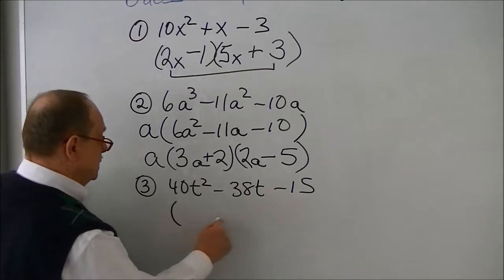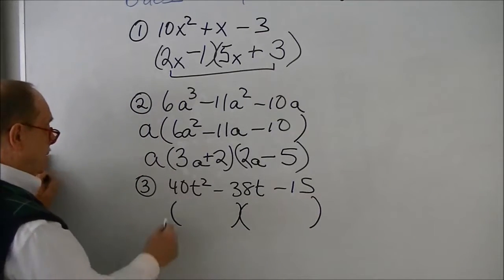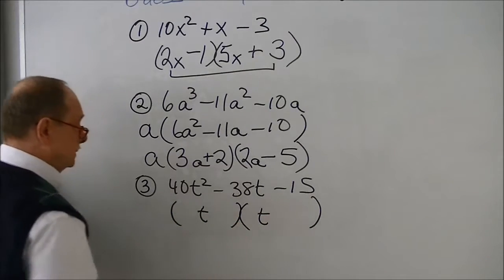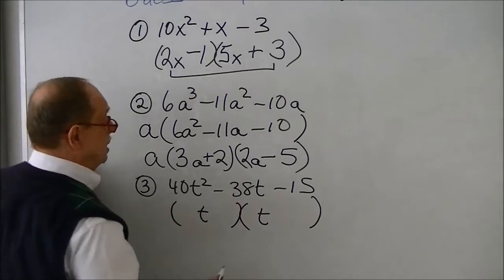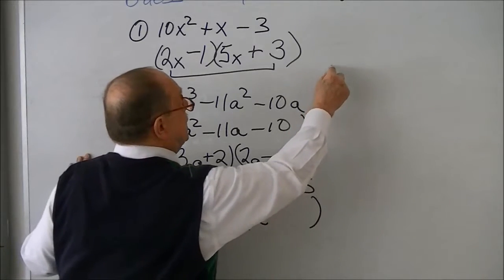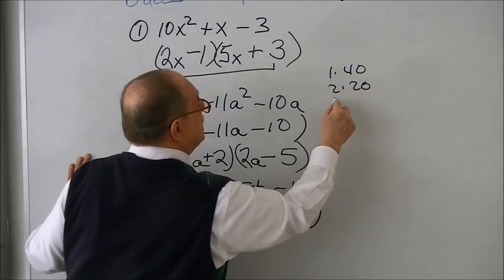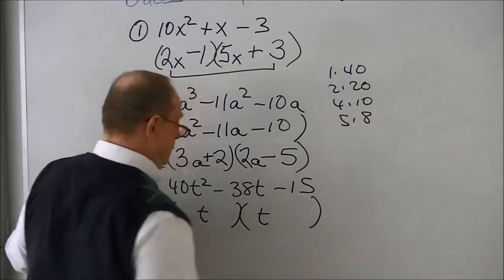So 2 sets of parentheses. We know our t is going to go there and there. But now we have 40. Wow. Factors of 40: 1 times 40, 2 times 20, 4 times 10, 5 times 8.